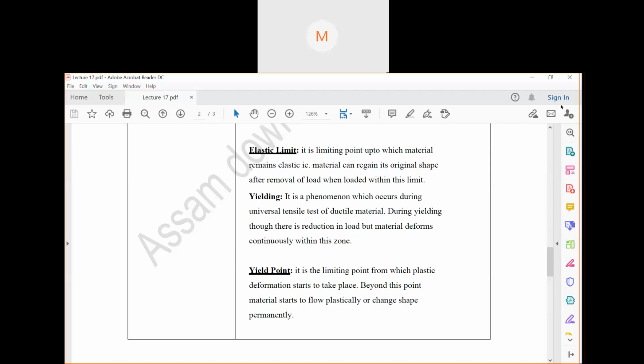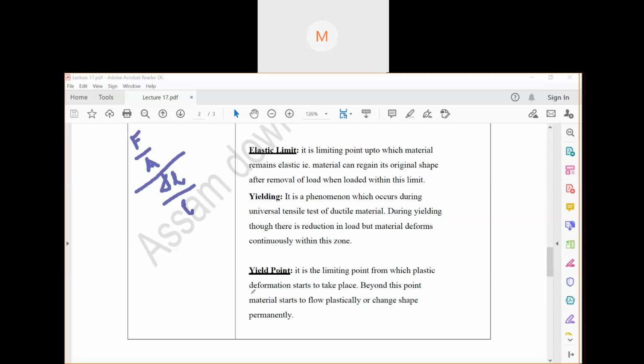We know the ratio of stress to strain: force per unit area, which is stress, divided by del L by L.